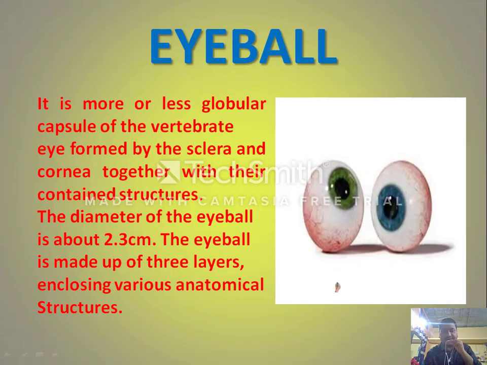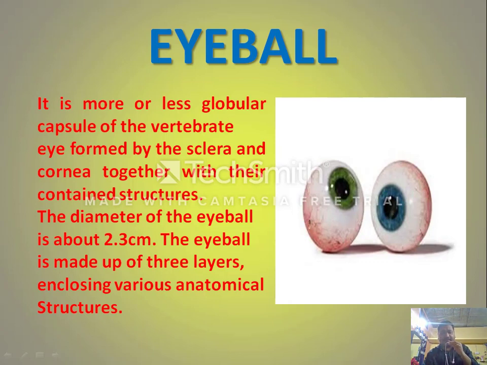So look at the figure, these are our eyeballs. It is a more or less globular capsule of the vertebrate eye formed by the sclera and the cornea together with their content structure. So there are two terms, sclera and cornea. I shall let you learn what sclera and cornea are at a later part. The sclera is nothing but this white part.